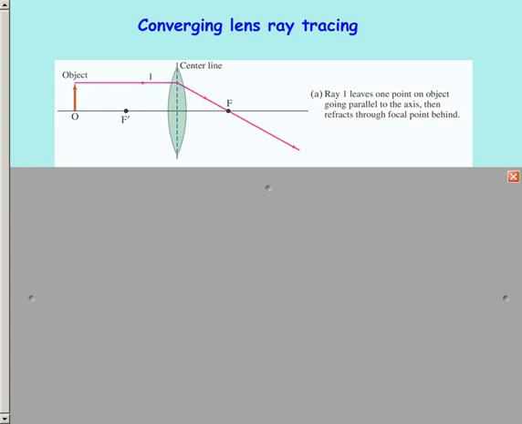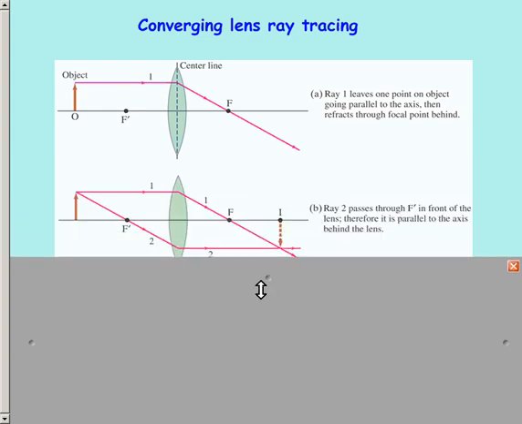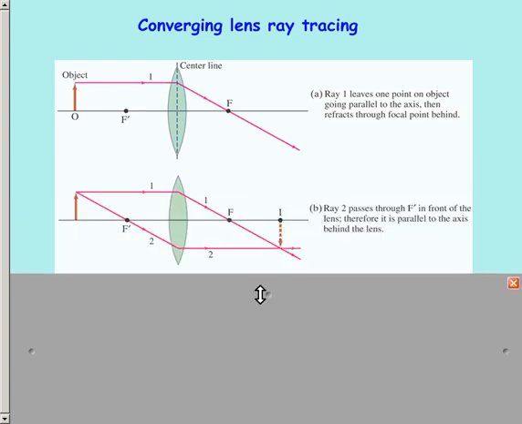Now that's not quite correct, but for our ray tracing, that'll work just fine. So you draw the ray coming in straight, draw it to the center of the lens, then just bend it down through the focal point. Ray number two, draw it through the focal point first to the center of the lens, and then draw it straight out.